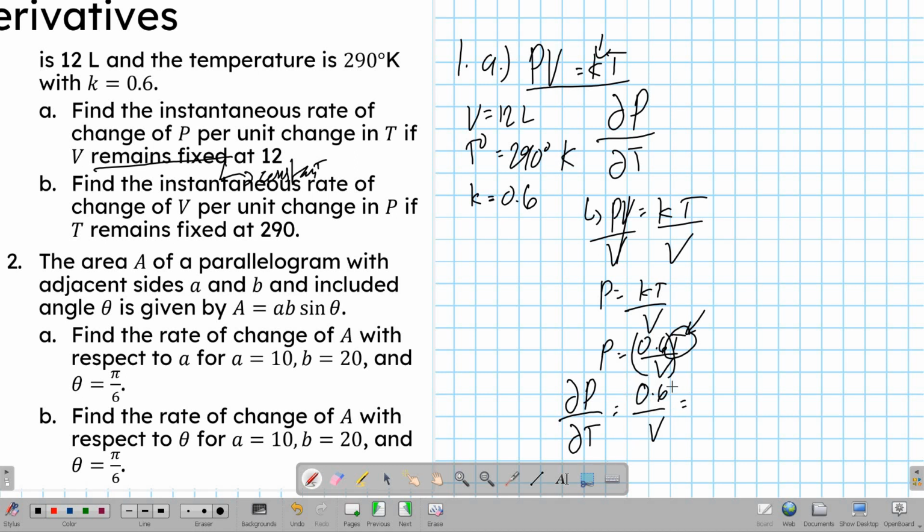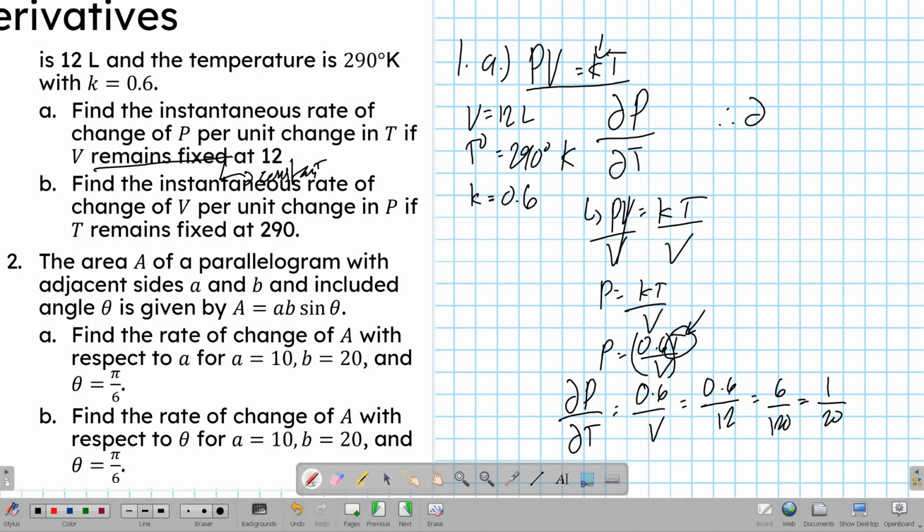Therefore, the instantaneous rate of change with V equals 12 becomes 0.6 over 12, and you end up with 6 over 120, or 1 over 20. I think that's the simplest form.